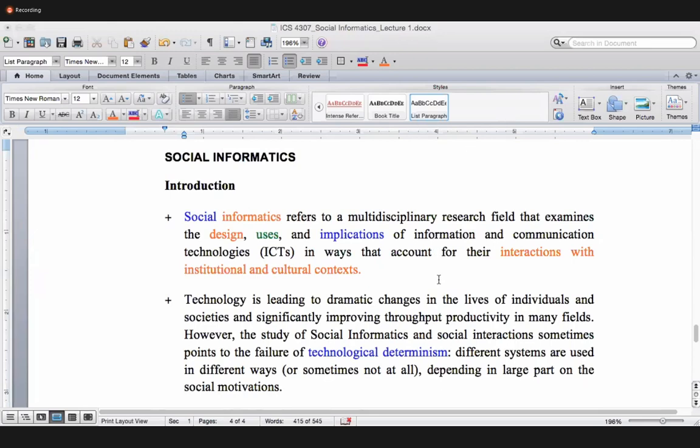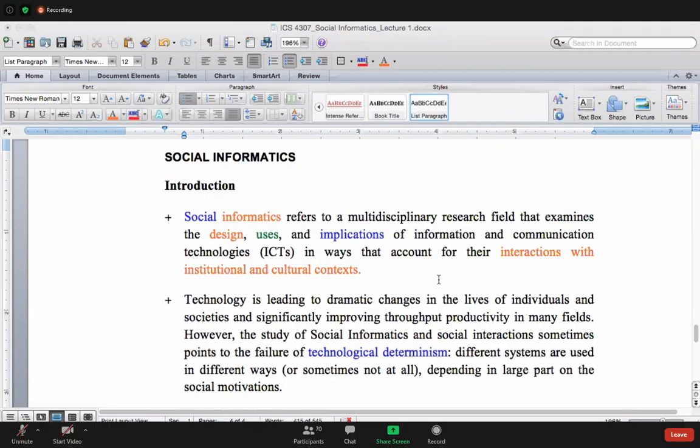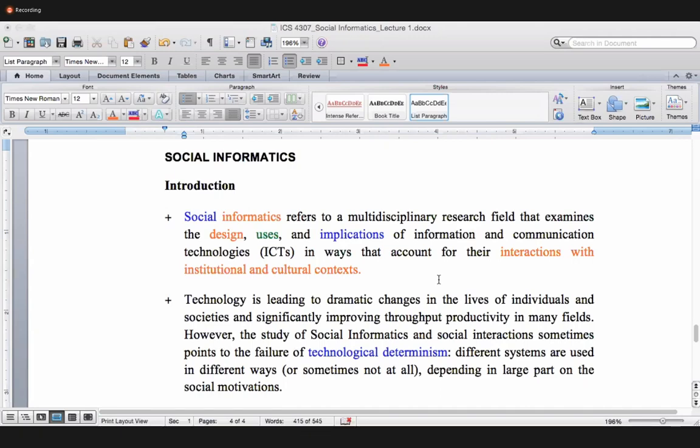But we are also aware that technology has brought in some aspects which are not desirable, things which might not be correct. This then leads to what other scholars call the duality of technology. Maybe I can write here, duality of technology.